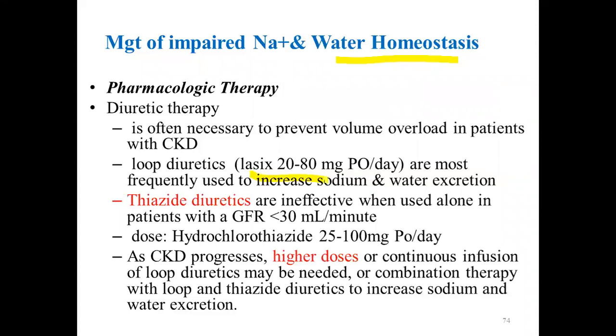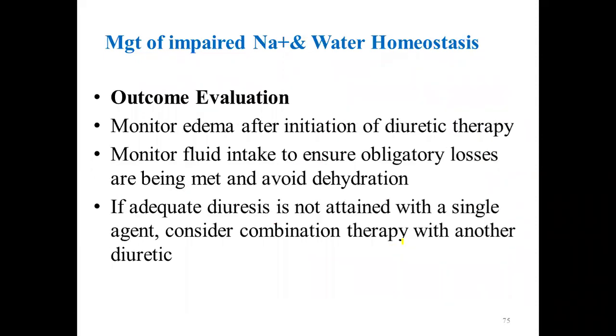But as I mentioned before, if the GFR is less than 30 ml per minute, we don't use thiazide diuretics. It is not very effective. Otherwise, thiazide diuretics can also be used if the GFR is above 30 ml per minute. Those are the general ideas of the use of diuretics in this condition.